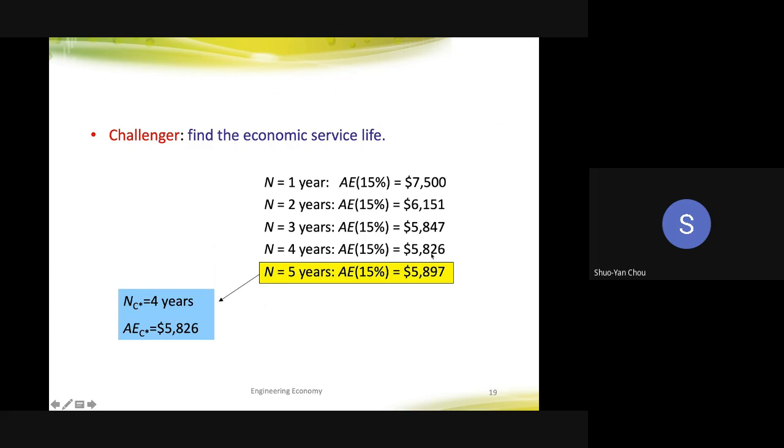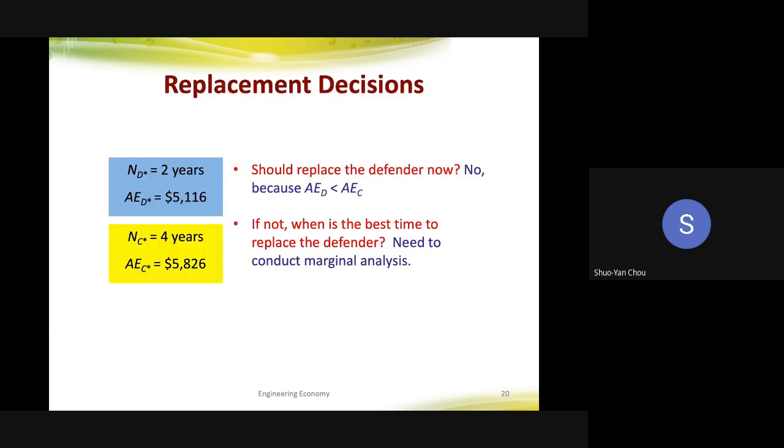When you use it for 4 years, then it's already lower than if you use it for 5 years. So what you do is you use it for 4 years, then replace it and do it for 4 years again. And the annual equivalent cost will be 5,826, which is the lowest for the Challenger. Okay, so we look at the situation. Should we replace the Defender now?